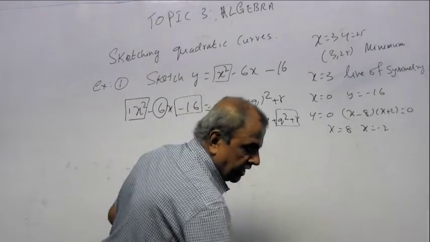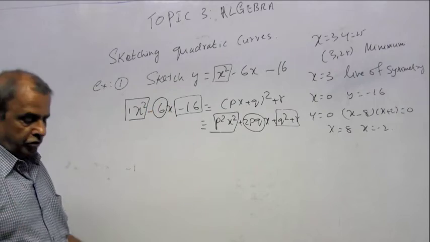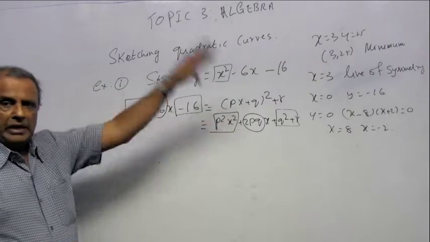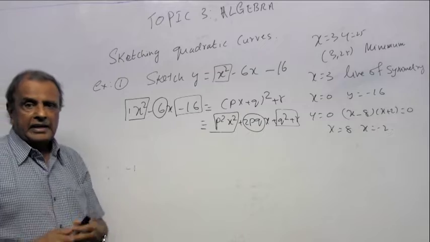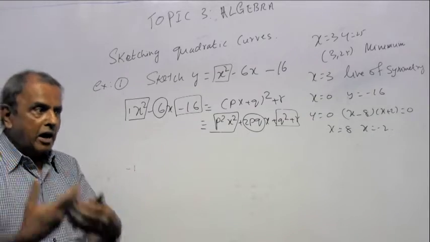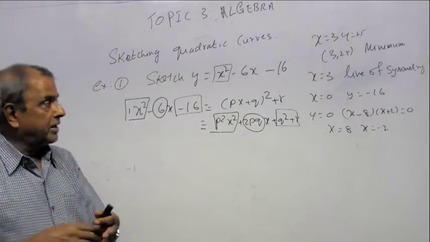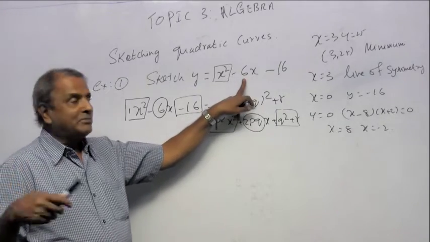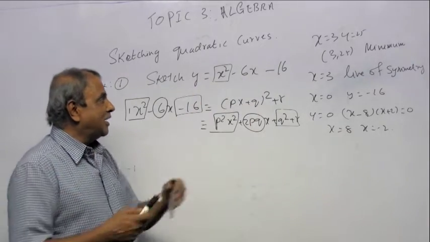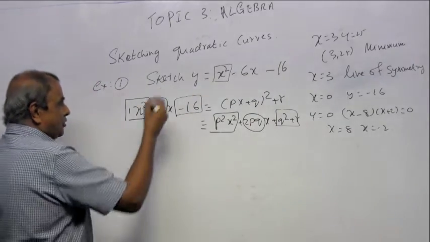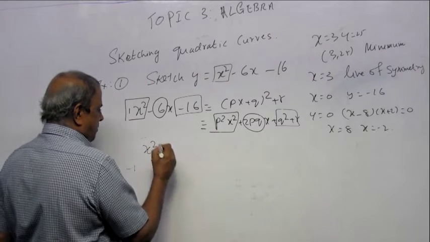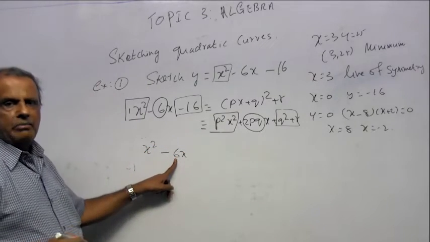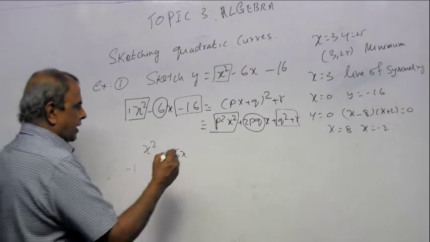So if the question said, use complete squares and solve, I've taught you before. Divide throughout by the coefficient of x, agreed, and take half the coefficient of x. Half of minus 6 is minus 3, square it, 9, you add 9. So let me just do that. x squared minus 6x, half the coefficient of x, minus 6, is minus 3, squared is 9.